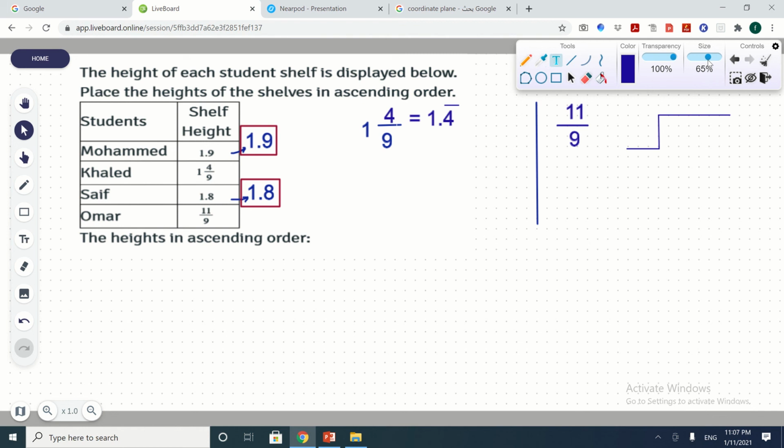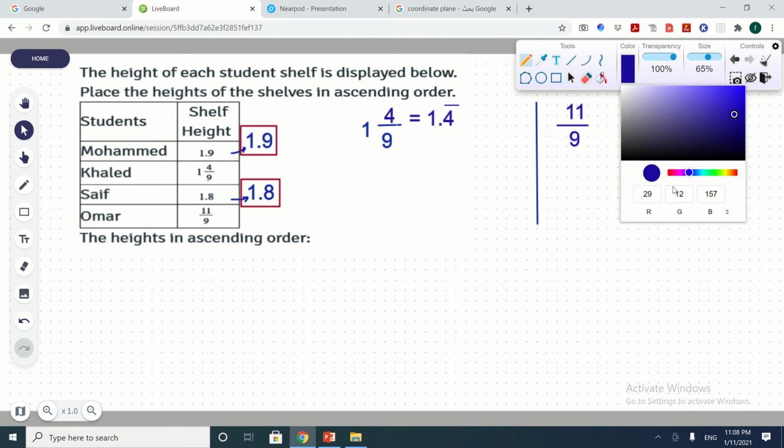Okay, I have 11 here. Divide by 9. How many 9 in 11? We have one 9 in 11.